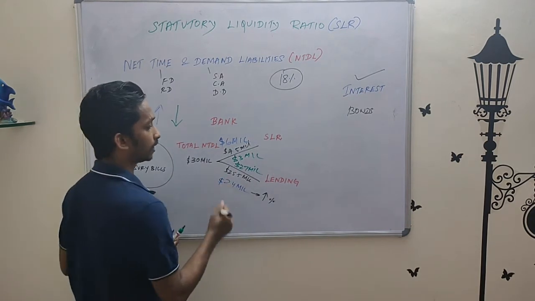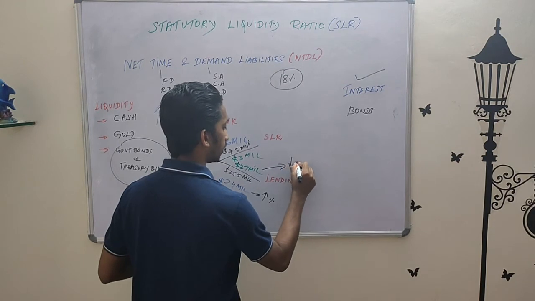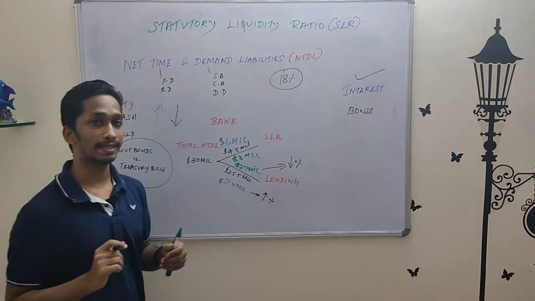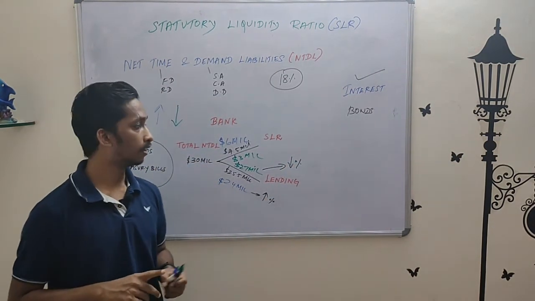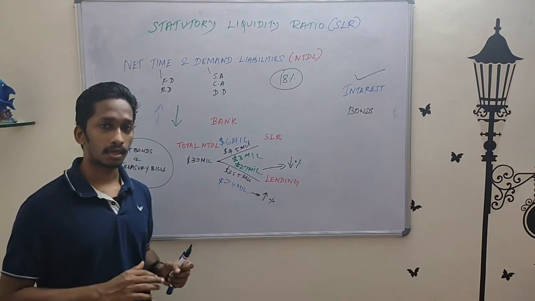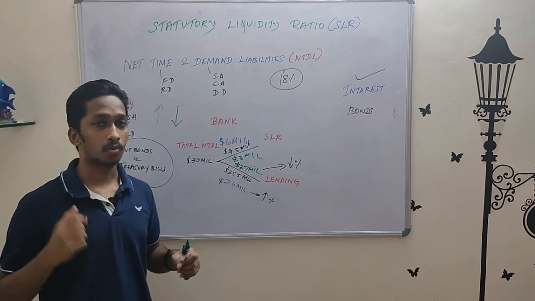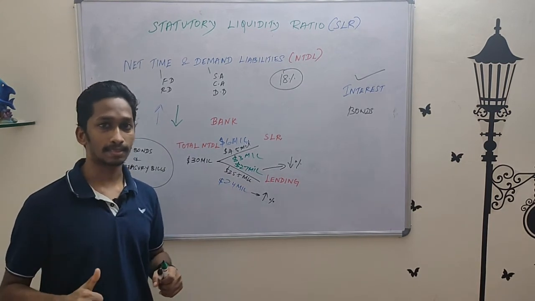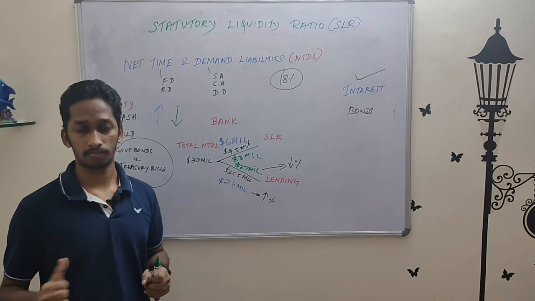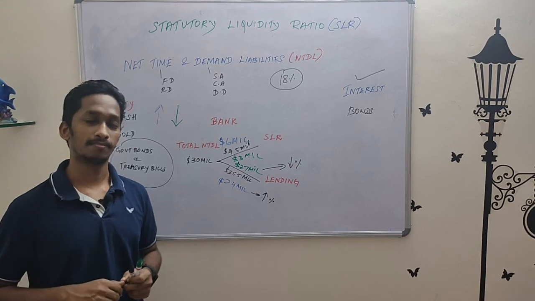So when the bank has 27 million, which means it has more money, it leads to a reduction in interest rates for lending purposes. So based on this, the MPC can use SLR just the same way it uses CRR. It can increase SLR to tackle inflation and can decrease SLR to cause inflation. Got it? And that's what SLR is. Hope you understood it. Have a good day.